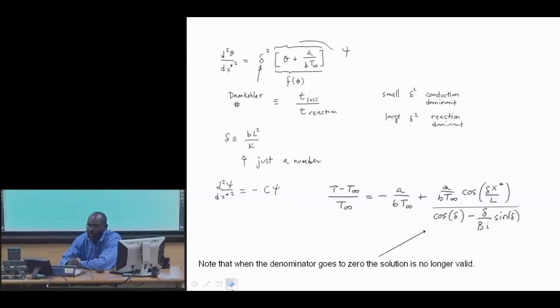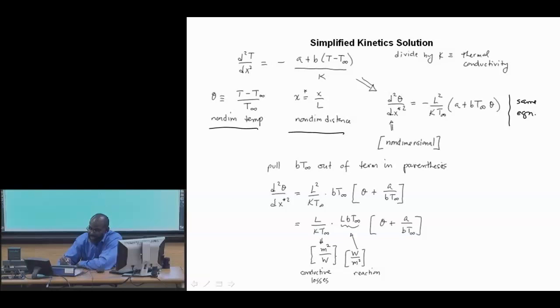What we do, and this is common in combustion problems, is we talk about the fact that this parameter, L B T infinity over K T infinity over L, looks like a reaction rate divided by a heat loss term. So think about that: reaction rate divided by heat loss.